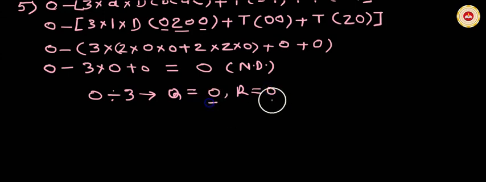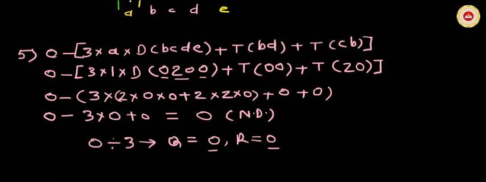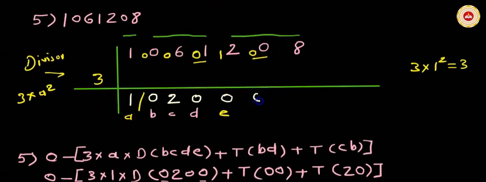So write this quotient and remainder: quotient 0 below the gross dividend 0, and remainder 0 as a prefix to the next digit, which is 8. Now this 8 is the next gross dividend. Now we are going to calculate the net dividend from this gross dividend, and for calculating the net dividend, what is to be subtracted from this 8?